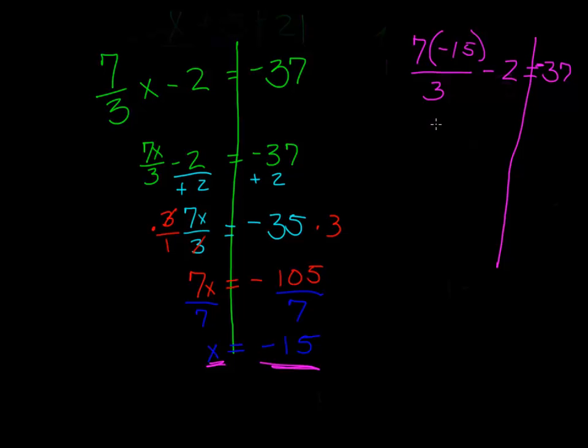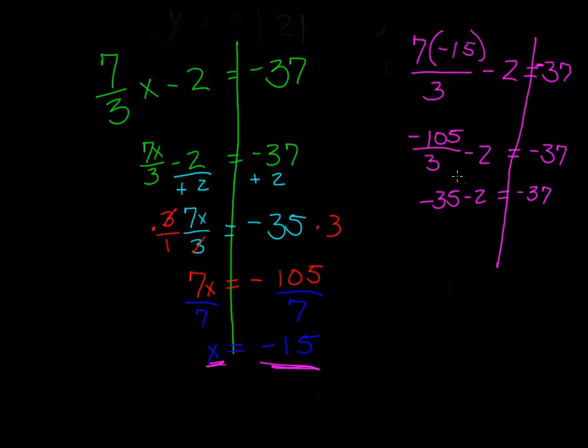So, 7 times negative 15, negative 105, divided by 3 minus 2 equals negative 37. Do the arithmetic here. What are you left with? You're left with a negative 35 minus 2 equals negative 37. Now, we're subtracting like terms.